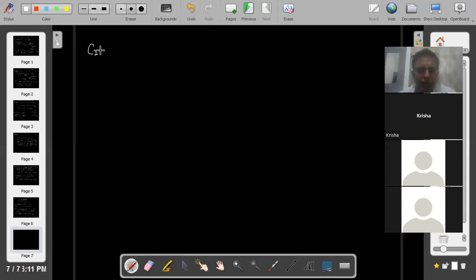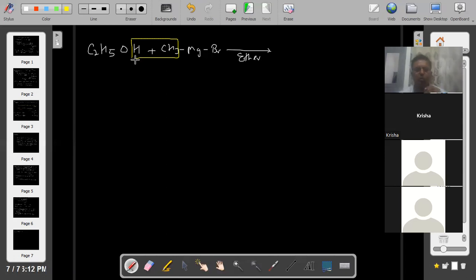C2H5OH, when it reacts with CH3MgBr, this reaction occurs in presence of ether always. This kind of reaction occurs in presence of ether, then H is removed, already I told you. These reactions occur due to removal of H from alcohols.